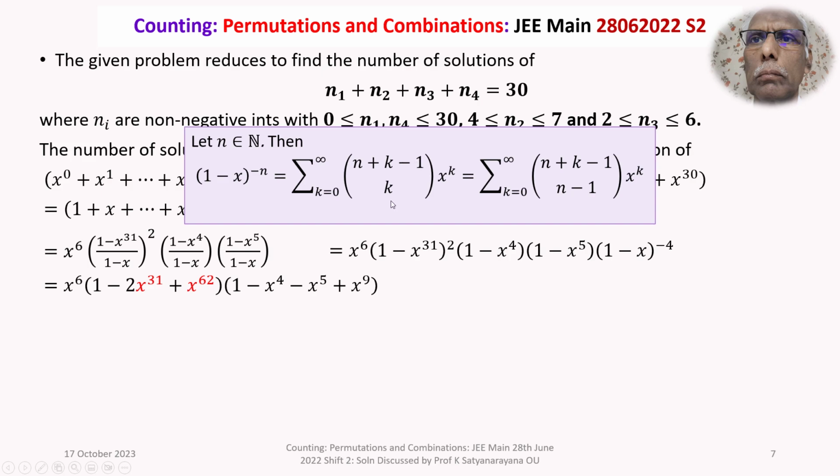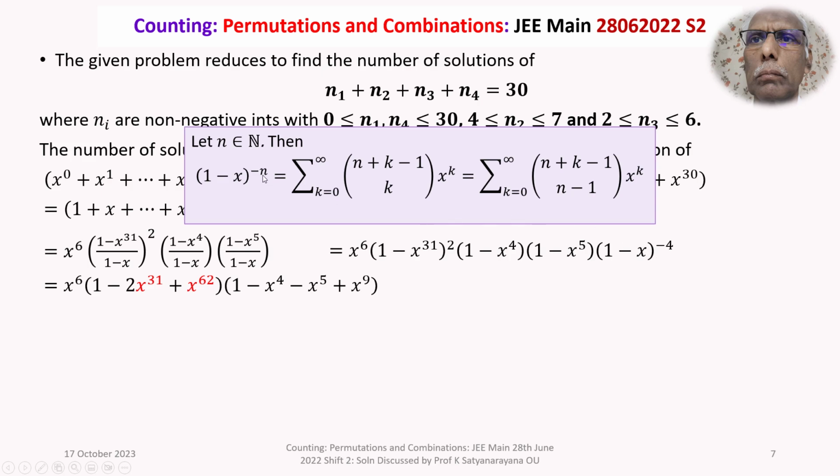This is the nCr formula, and this binomial coefficient is same as n plus k minus 1 choose n minus 1. Why? It is same as nCr is equal to nC(n minus r), the formula we have applied.